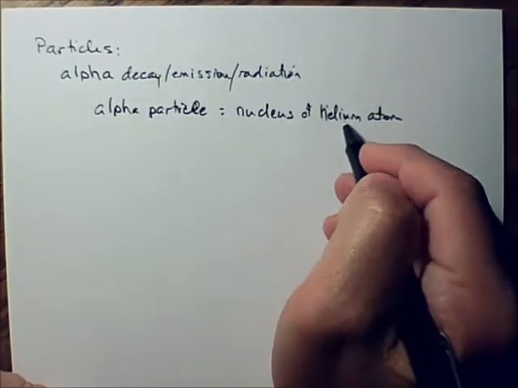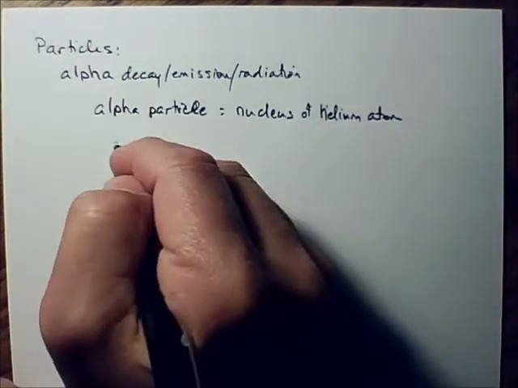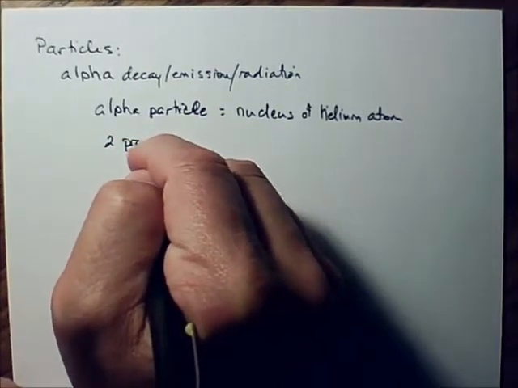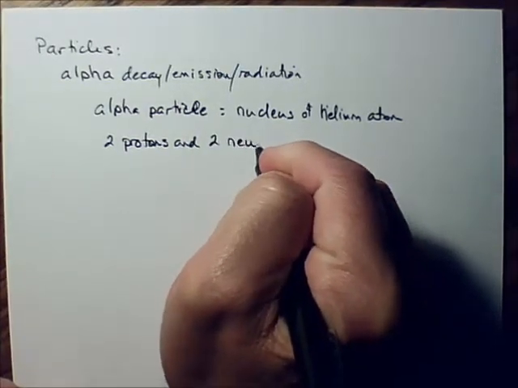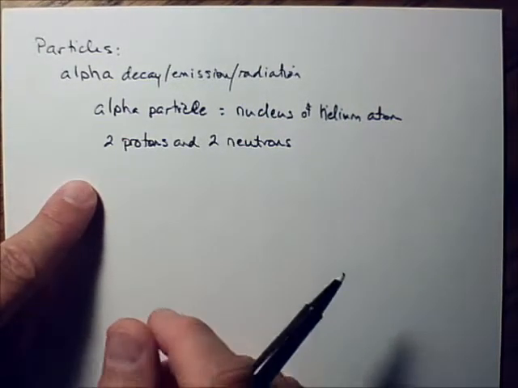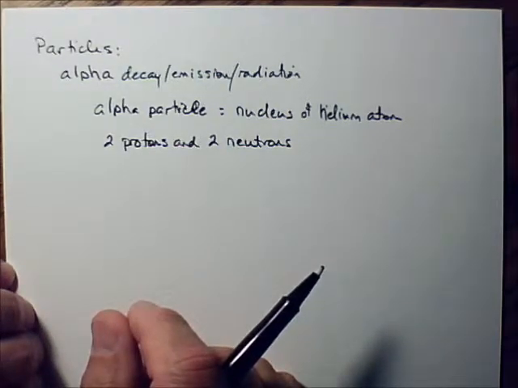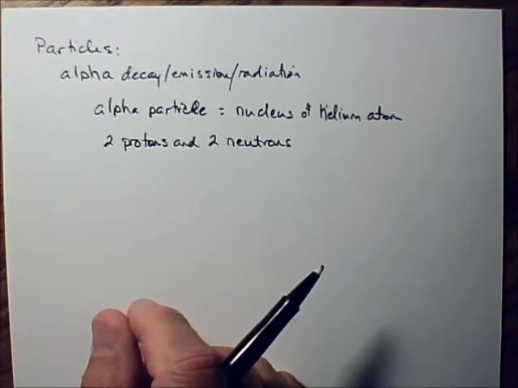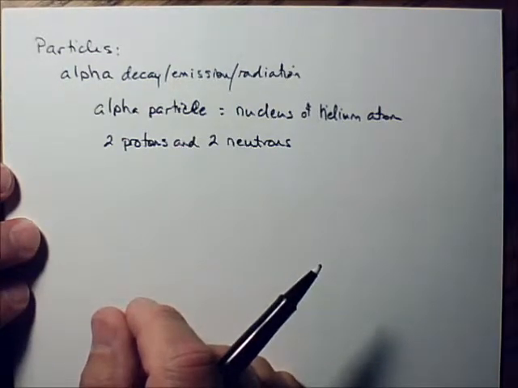Helium atom, H-E-L-I-U-M. Both of these have 2 protons and 2 neutrons. In terms of radiation particles, the alpha particle is the largest and the least dangerous.